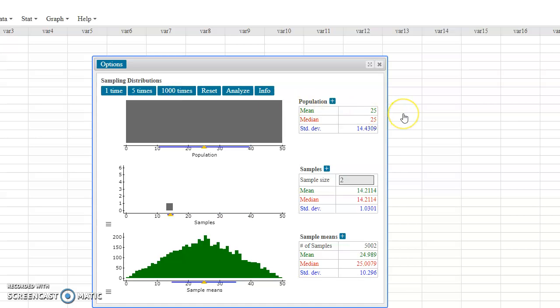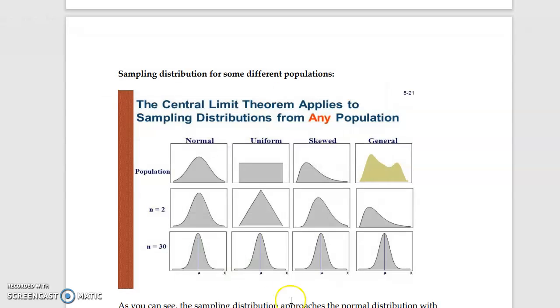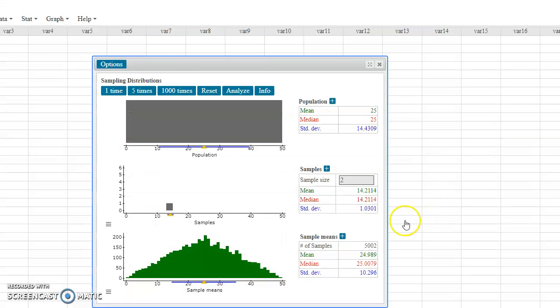Now we've reached 5,000. Theoretically, the sampling distribution should be kind of a triangular shape. Well, that's what it looks like to me. It looks sort of triangular, just like it showed here.